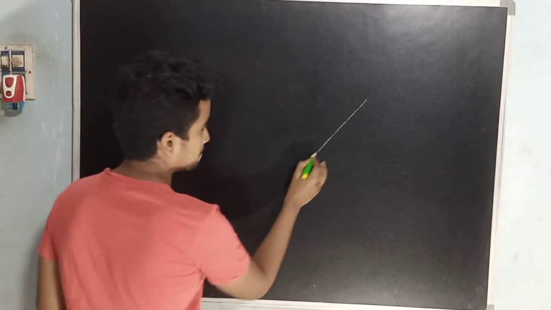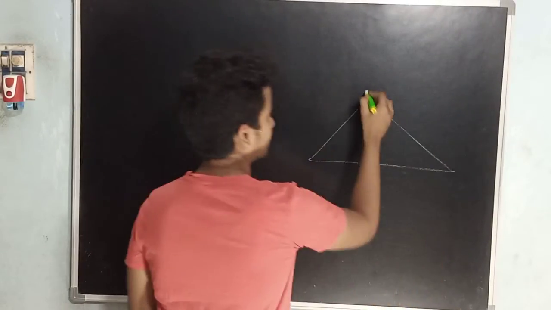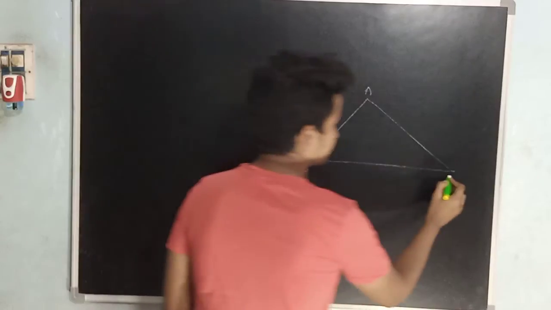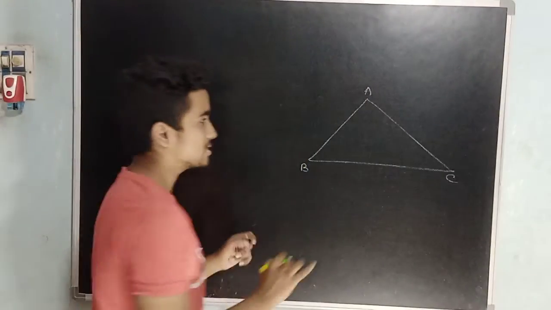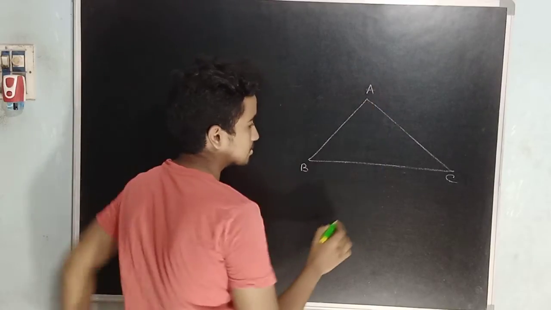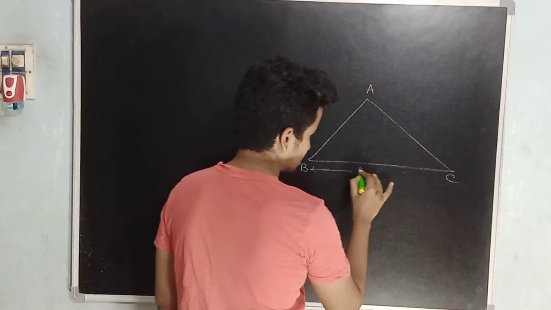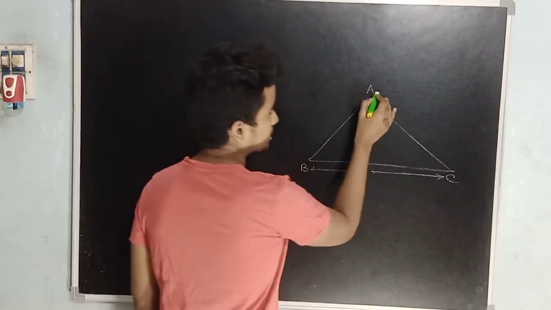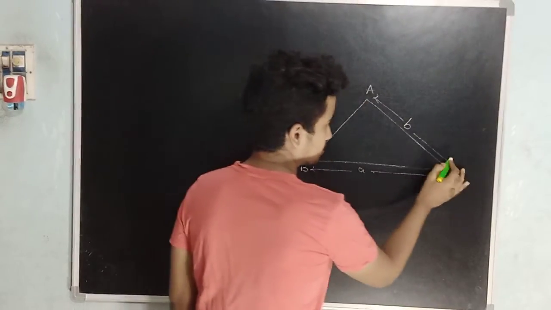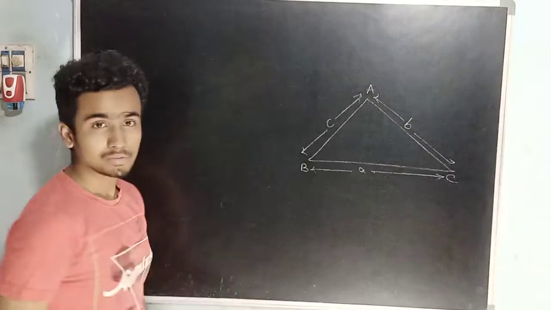Let me consider triangle ABC. Let me take its sides as small a, small b, and small c.